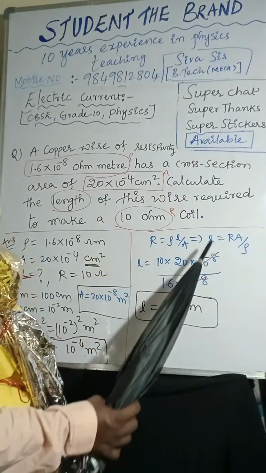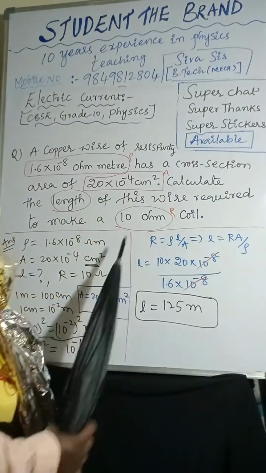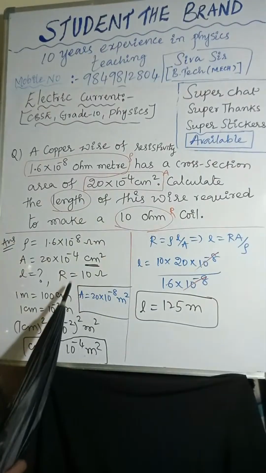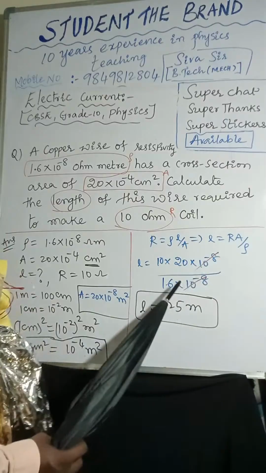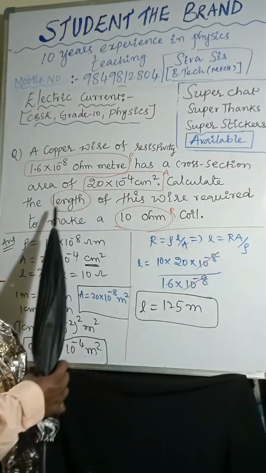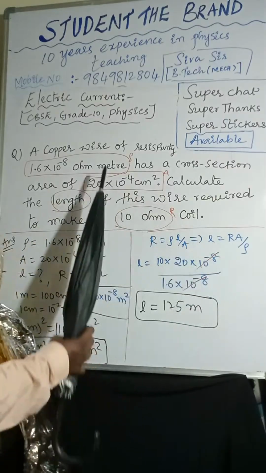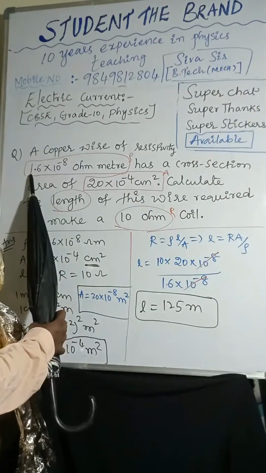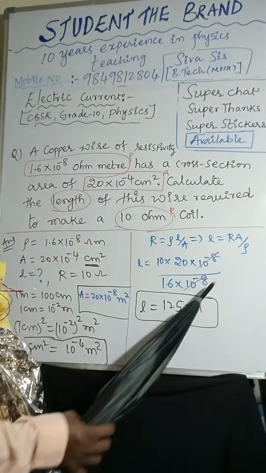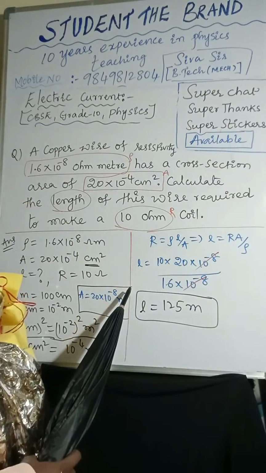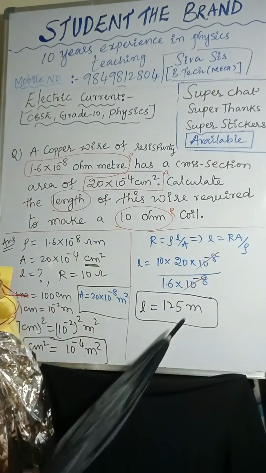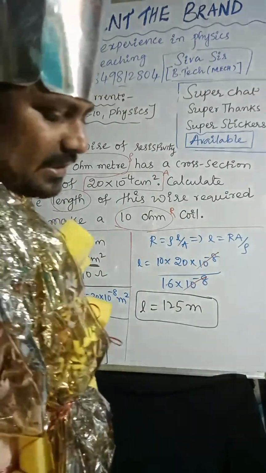So 10 into 20 into 10 power minus 8, since A equals 20 into 10 power minus 8. Resistivity is already given, 1.6 into 10 power minus 8. So 10 power minus 8, 10 power minus 8 get cancelled. So the remaining value is L equal to 125 meters. So this is the answer.